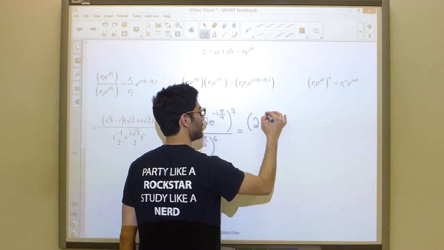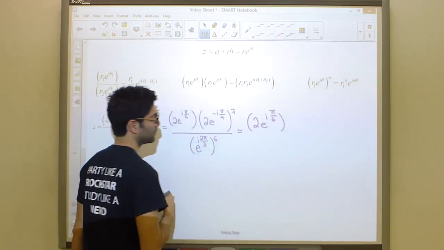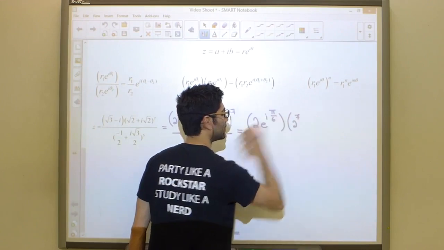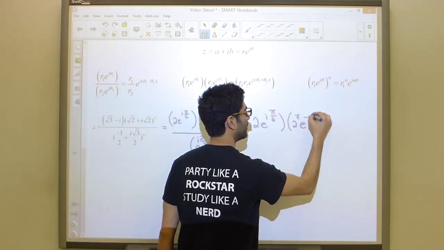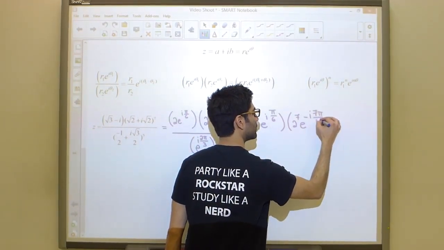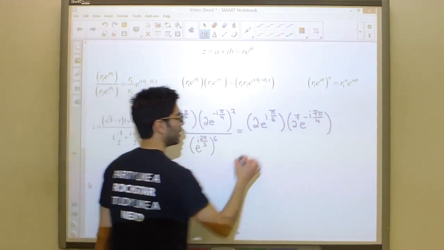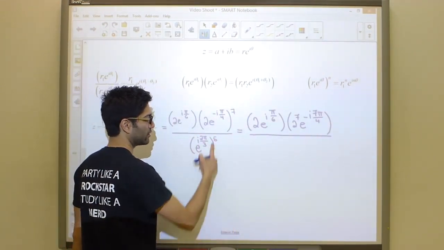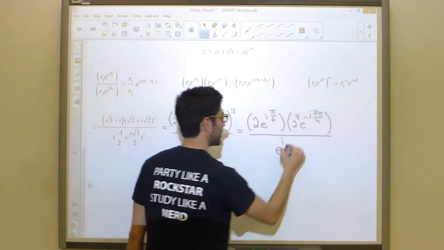The first term is going to remain intact. This is going to be 2 raised to the power of 7, and the angle will get multiplied by 7, so I'll have negative i 7 pi over 4. It's as simple as that. Similarly, on the bottom, this is going to be 1 to the power of 5, which is just 1, so the 5 simply gets multiplied in. So we get e to the i 10 pi over 3.